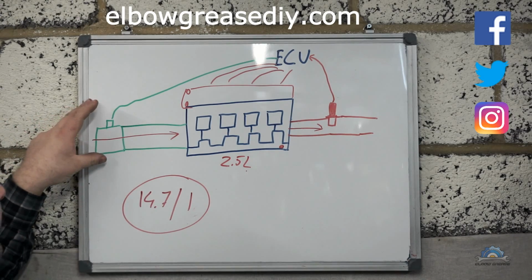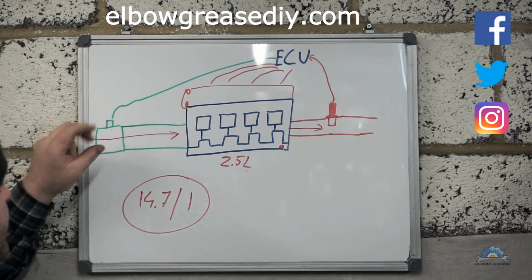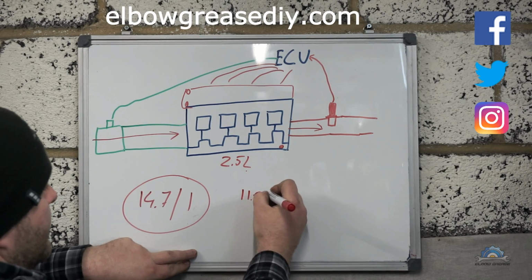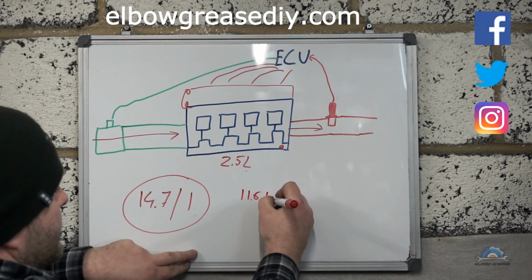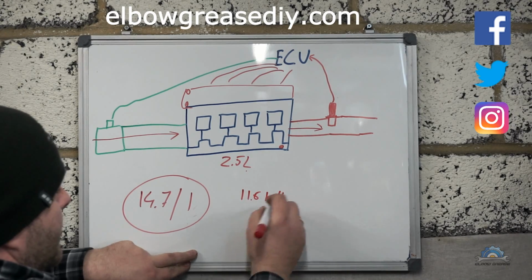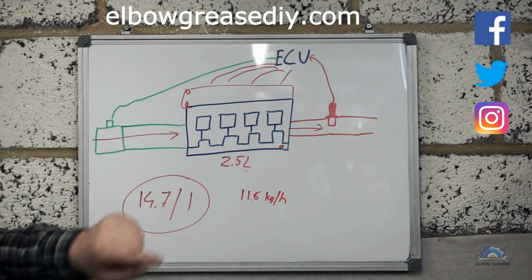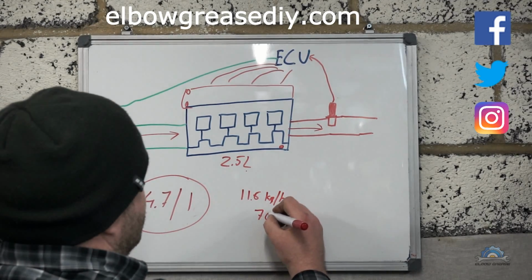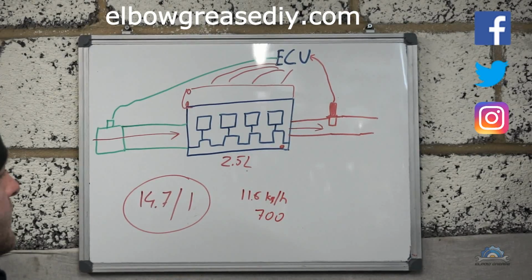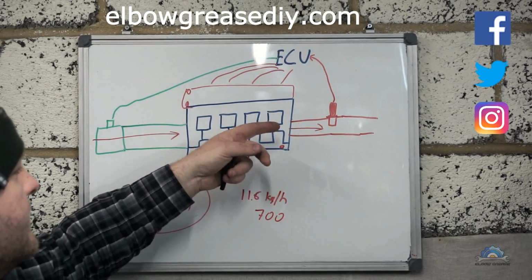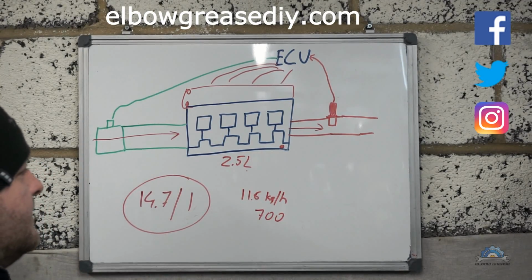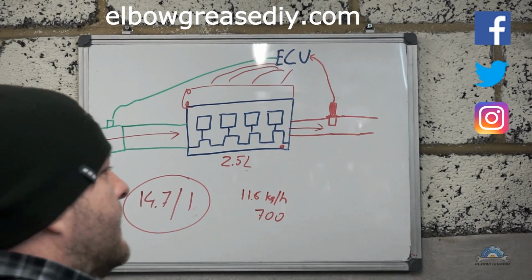For example, let's say the MAF is reading 11.5 kilograms per hour of air going into the engine, which is true, at 700 RPM, which is very good. Fuel is ignited with air, it's getting burned and ends up in the exhaust system.